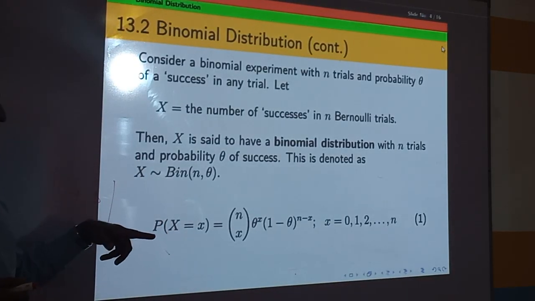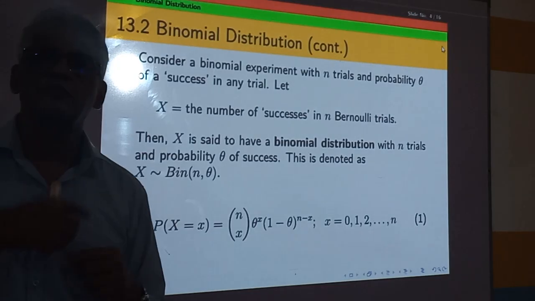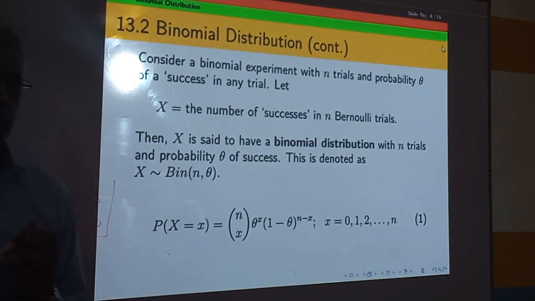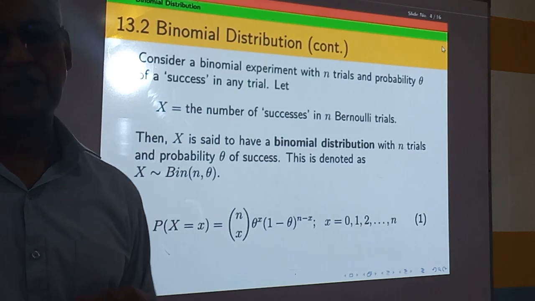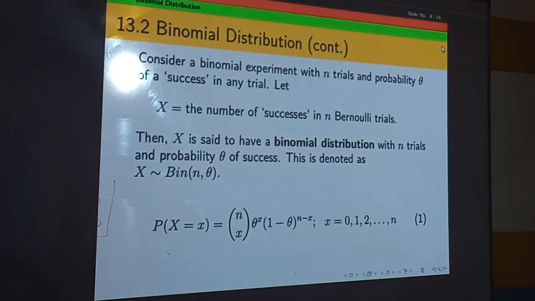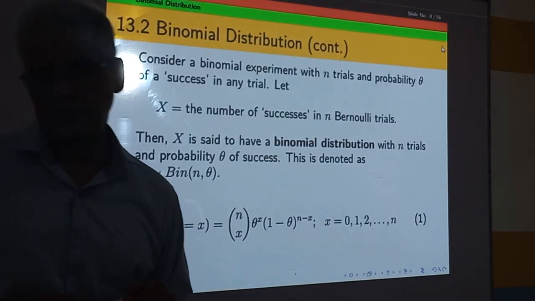If you consider taking a sample without replacement, the binomial model is not suitable. There is another model called the hypergeometric distribution. It's not in the syllabus, but if you want, we can get a formula for that also. In that case, the binomial model is not suitable, right?